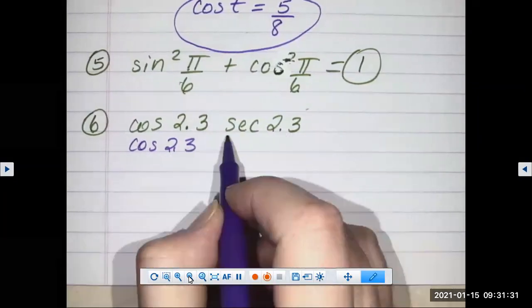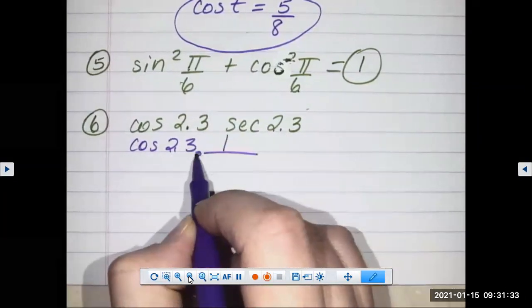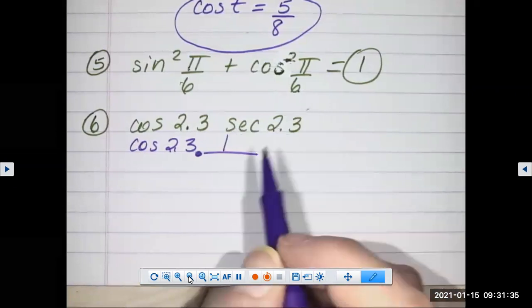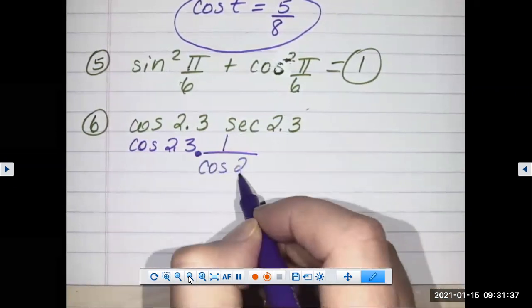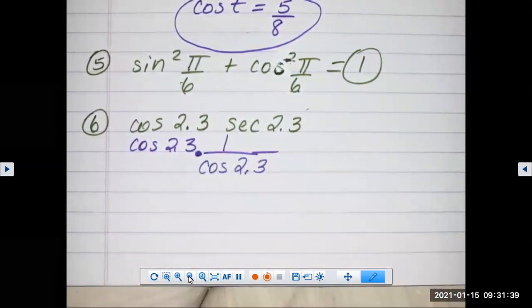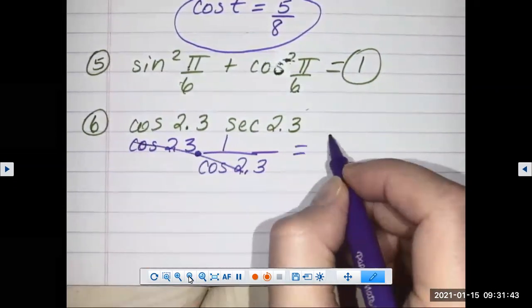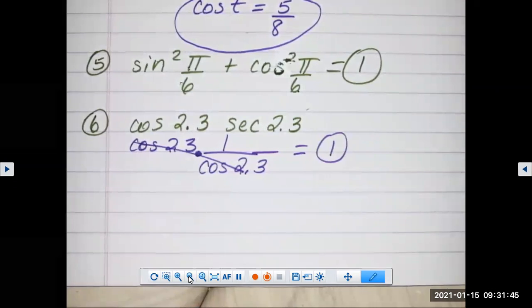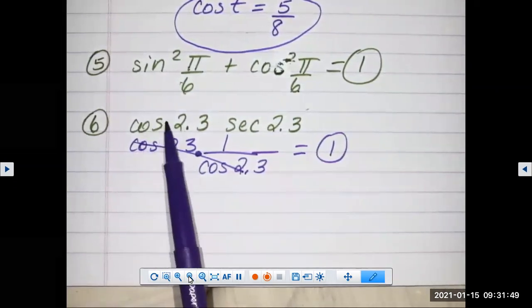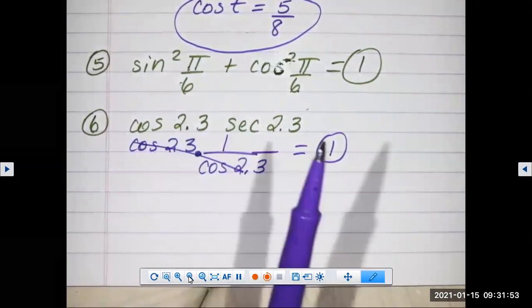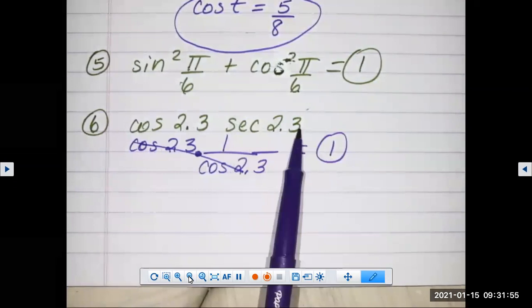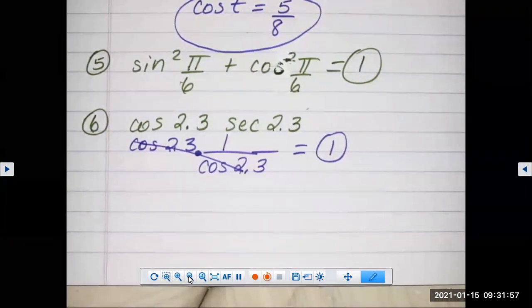So cosine of 2.3 times, and you can change secant of 2.3 to become 1 over cosine of 2.3. And so all that cancels, you're left with 1. So anytime you see sine, cosine, or tangent of the angle multiplied by its inverse of the same angle, it's always 1.